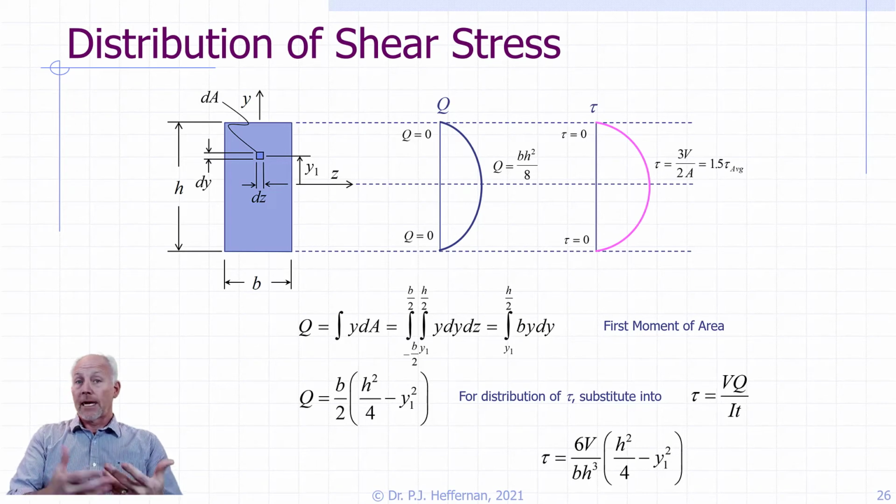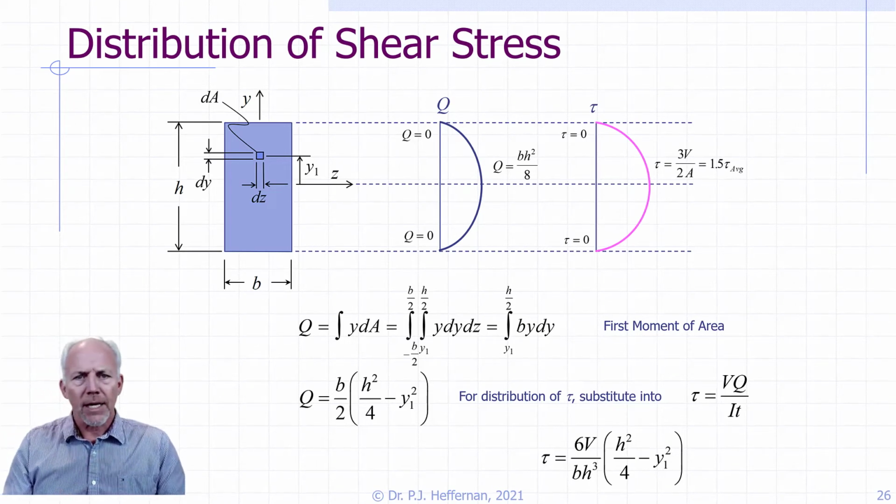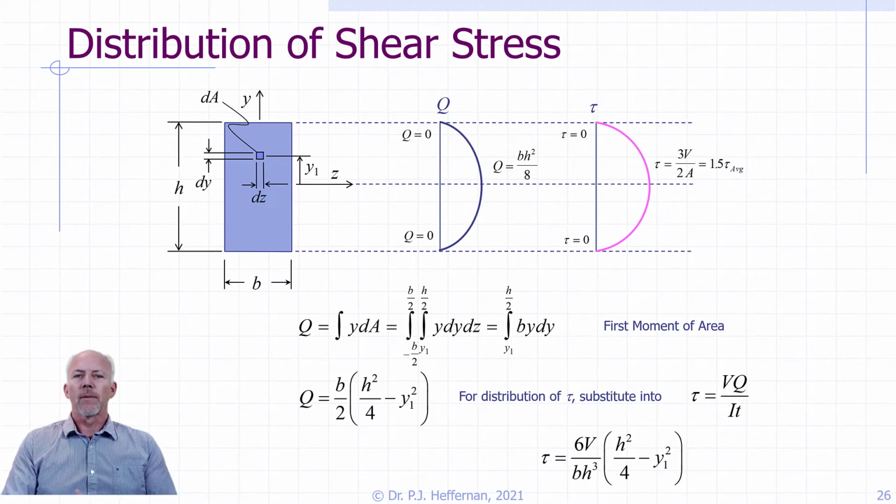And tau, as you would expect, looks very similar to Q, slightly different values, but it is a maximum at the neutral axis, and it goes to 0 at the extreme fibers.